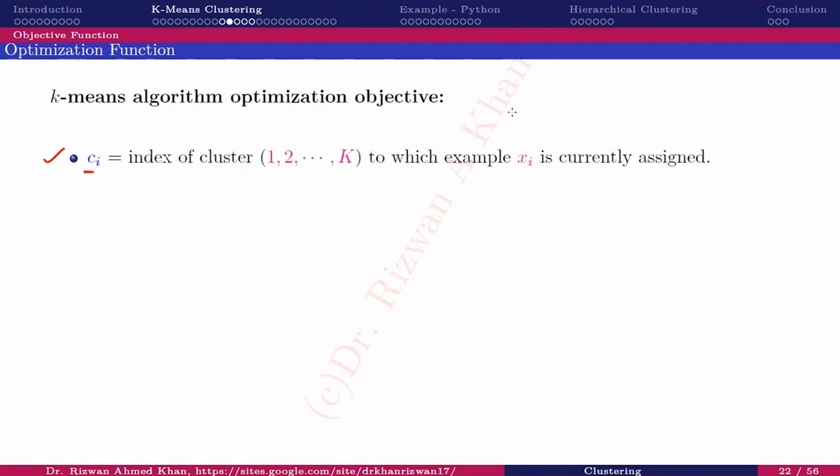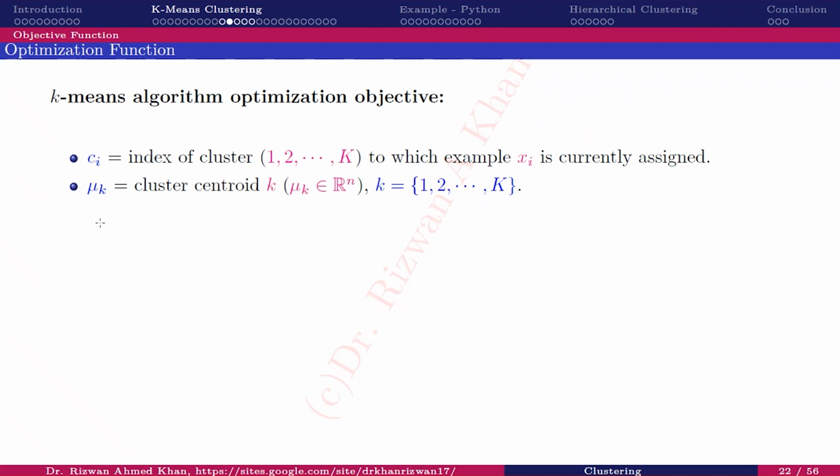So let's say if example number 5 is assigned to cluster 5, then C5 would be 5. Or if example number 5 is assigned to cluster number 2, then C5 would be 2. So this is simply the variable that tells which cluster an example is assigned to.